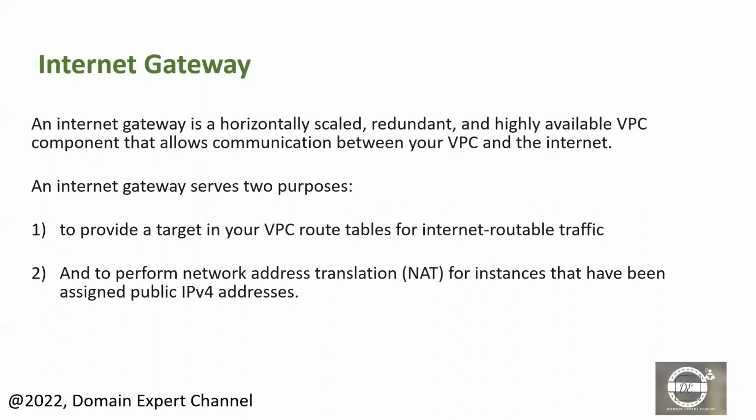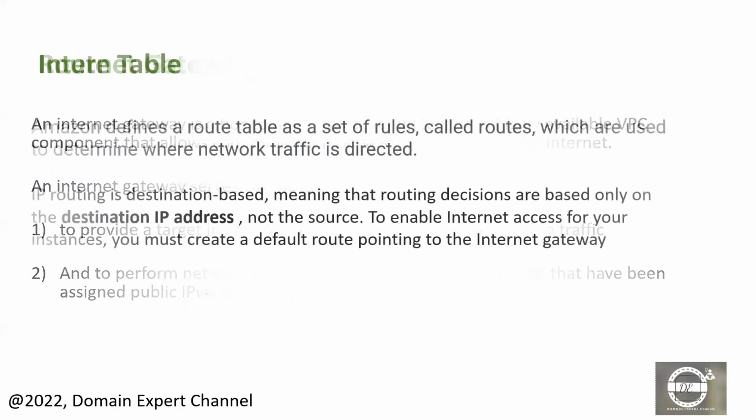If some users from the outside want to access our web applications, then we have to use the internet gateway. The internet gateway serves two purposes: to provide a target in your VPC routing tables for internet-routable traffic, and to perform NAT translation for instances that have been assigned public IPv4 addresses.